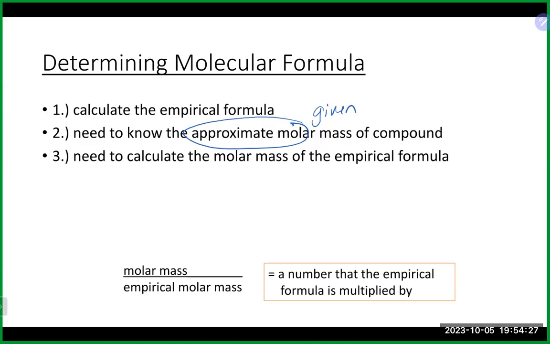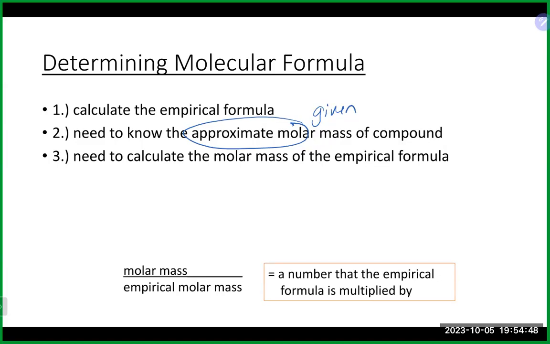Now, if they do give you a range of molar mass, you could actually choose anywhere in that range and it will pretty much come out the same. You could either choose the low end of the range, you could choose the high end of the range. Most people will probably shoot for something in the middle of the range. So kind of use that for the calculation, but you could use the high, the low, or the middle, or anywhere in between when you do that.